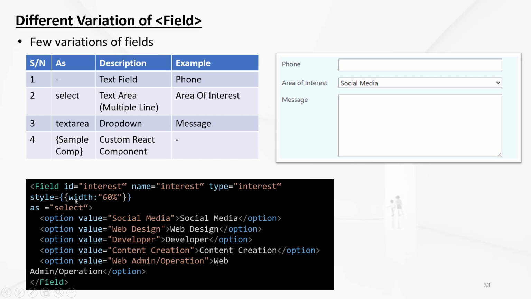How we set it as drop down is by adjusting the select property. If select is drop down, it will be drop down; if it's text area, it will be text area.